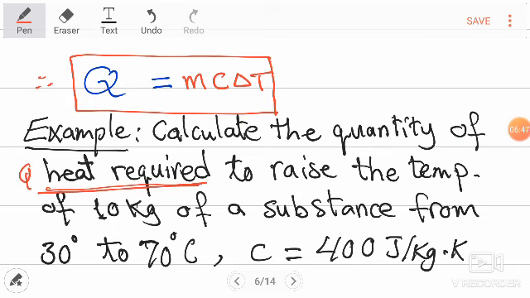Q. Required to raise the temperature of 10 kilograms mass of a substance from 30 degrees to 70 degrees Celsius, if you know that the specific heat of this material equals 400 joule per kilogram Kelvin. Think about it.